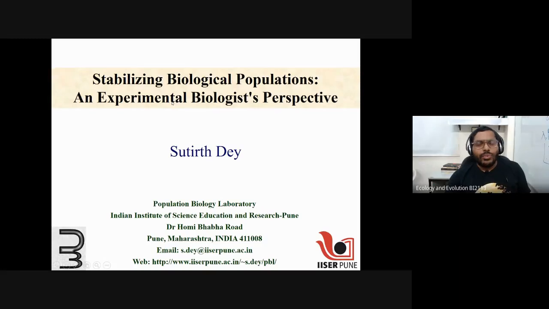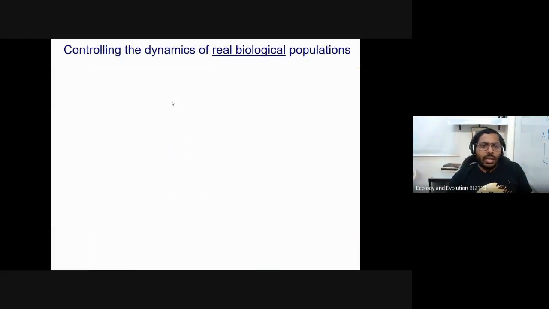Okay, so if you are on the bench, if you are handling organisms on your own, then how will you go about seeing population dynamics from the perspective of the models? So it's bringing together the two sides. So controlling the dynamics of real biological populations, and when I say real, I mean actual organisms as opposed to models.